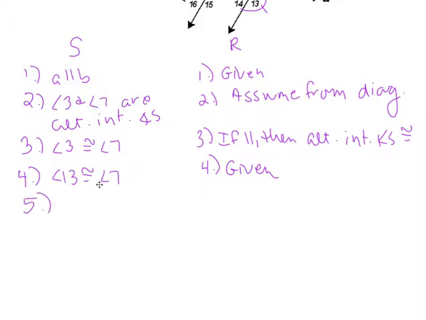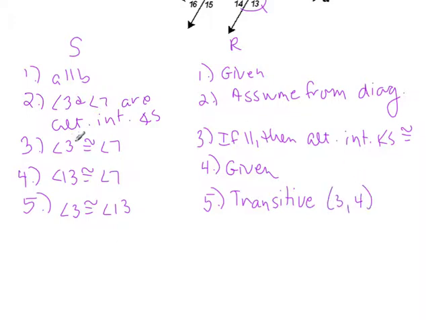And now I can see through the transitive property that angle 3 has to be congruent to angle 13. And I'm going to put reference numbers 3 and 4 because angle 3 is congruent to angle 7 is congruent to angle 13, so angle 3 has to be congruent to angle 13.